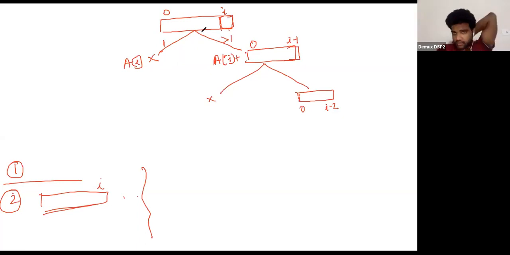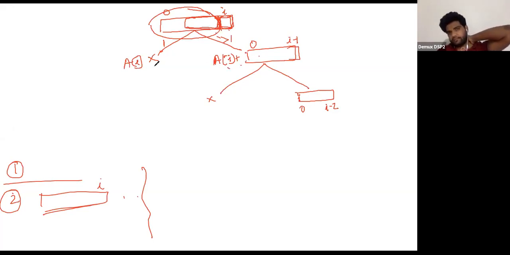And if I'm going for a subarray of length more than 1, then whatever maximum sum I get till I minus 1, I will extend that to include I. So the subproblem is this subproblem that I'm left with, for which I need to find the length of the longest subarray ending at I minus 1 and add AI to that. Right? Can I know that you understand this?